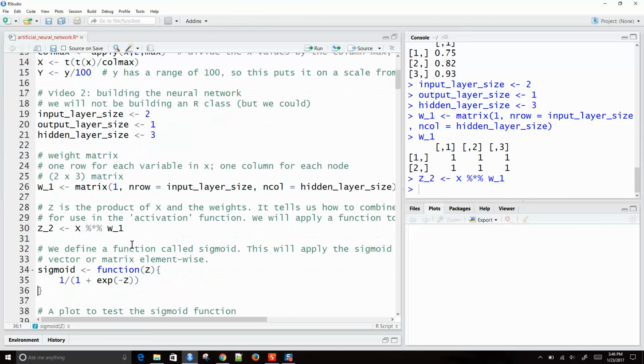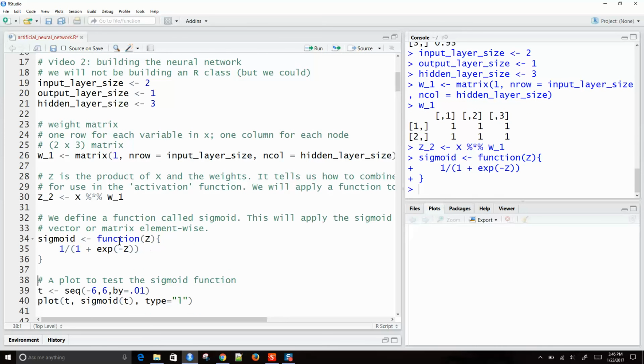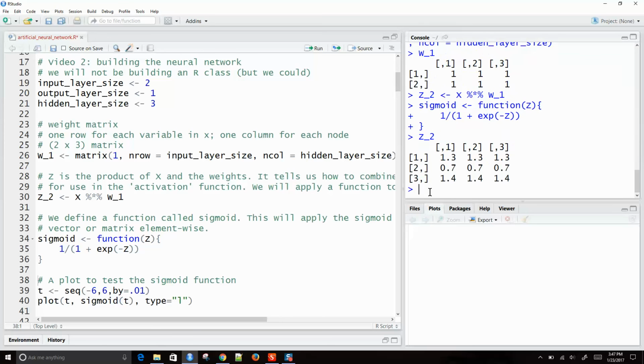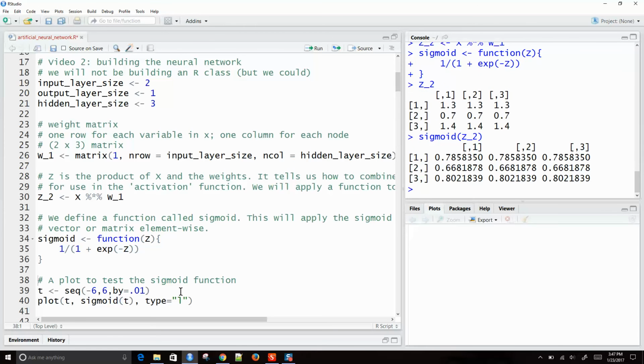Okay, and then we're going to take X multiplied by W1 is Z. We're going to say our sigmoid is, we take the function and apply the function. And the way R works with functions is this is element-wise, so whatever dimensions Z is, so Z2 is 3 by 3, if I do sigmoid of Z2, it just applies it element-wise, so that's perfect.